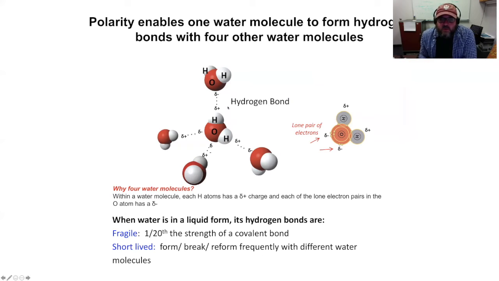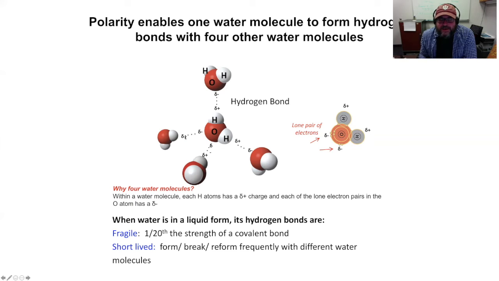And because there are four dipoles in a water molecule, two positive charges associated with each hydrogen atom and two negative charges associated with the unpaired electron pairs, the pairs of electrons that aren't bound to anything in the oxygen, one water molecule will form four hydrogen bonds with other water molecules.